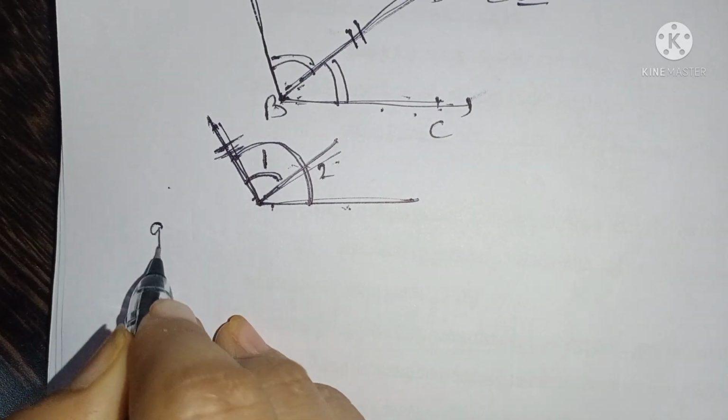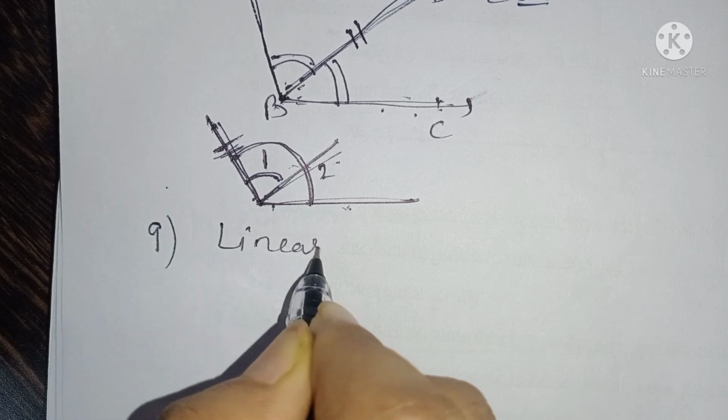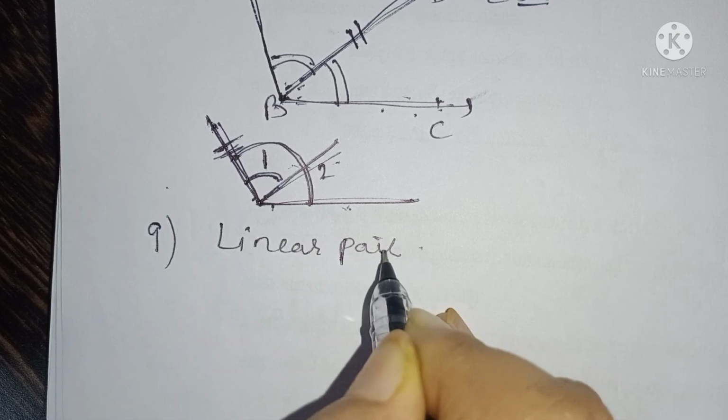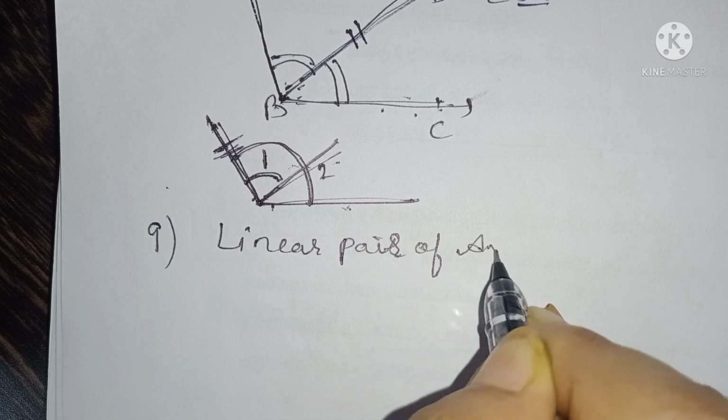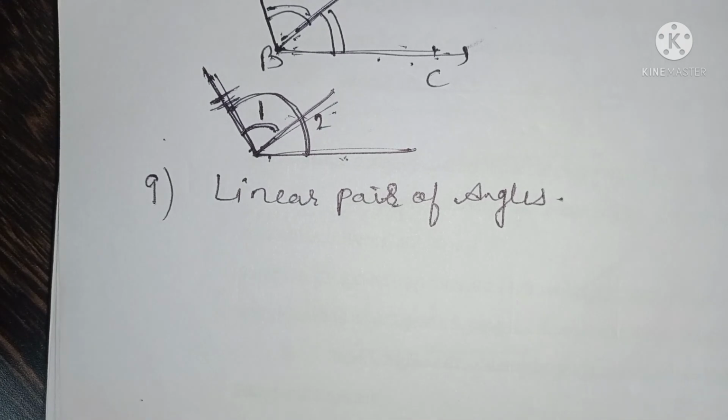Now the next one is the linear pair of angles. The linear pair of angles is also known to you; it was introduced in 7th standard. What is a linear pair?